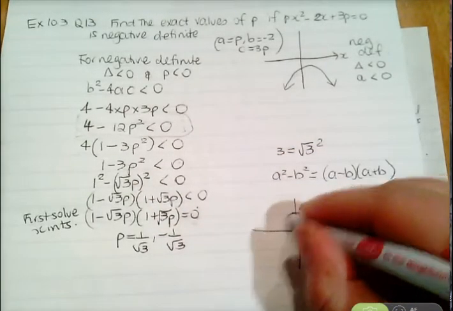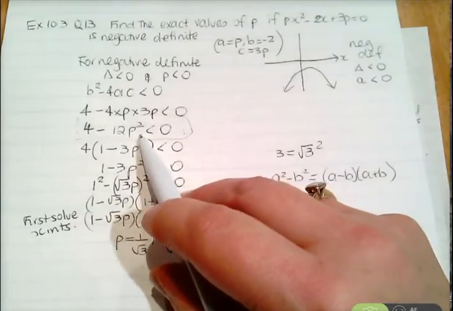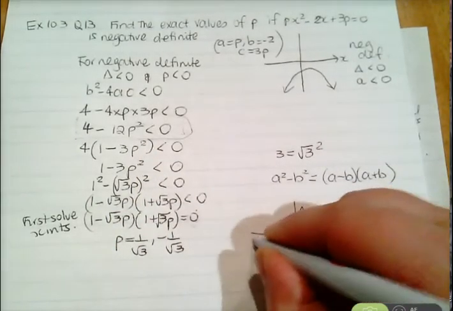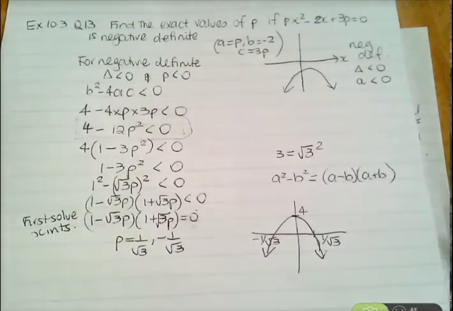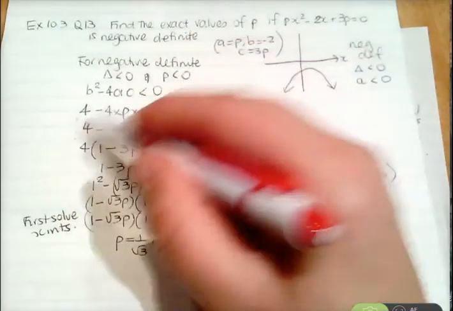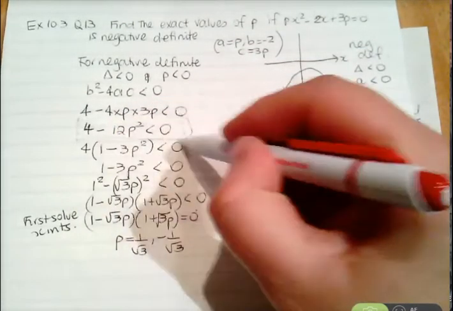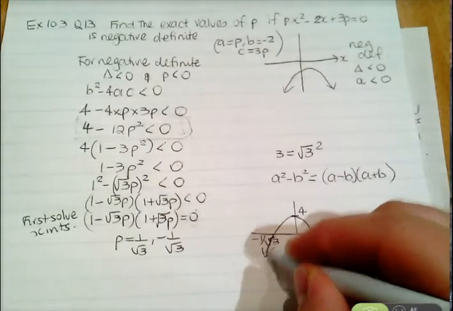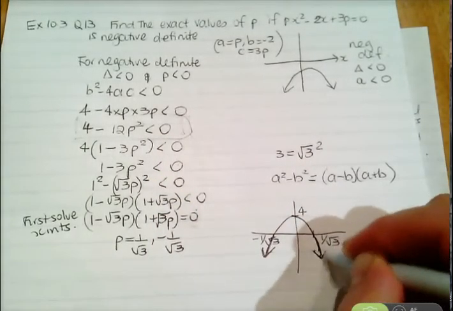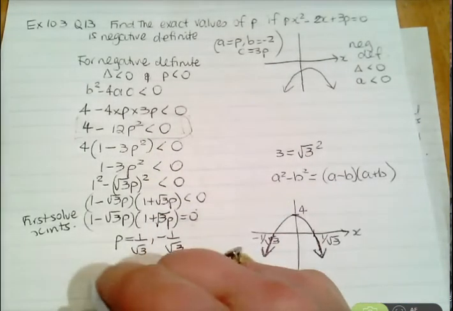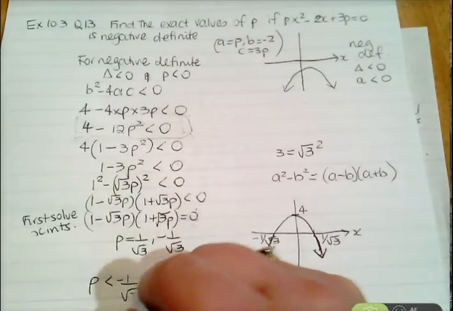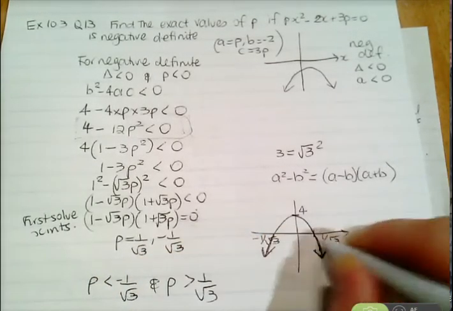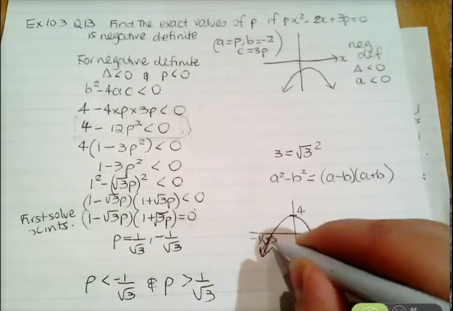It's concave down because the p squared term is negative, and the roots are 1 on root 3 and negative 1 on root 3. So what I'm trying to do is see where this parabola is less than 0. Well, it's less than 0 underneath the x-axis. So therefore my solution is that p is less than negative 1 on root 3 and p is greater than 1 on root 3, because it's these x values as well.